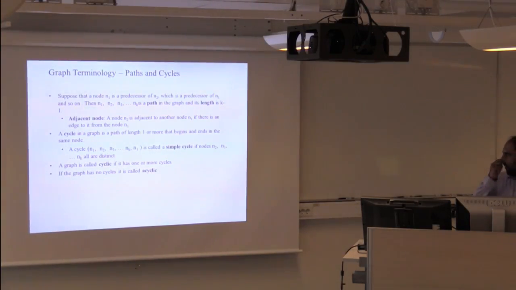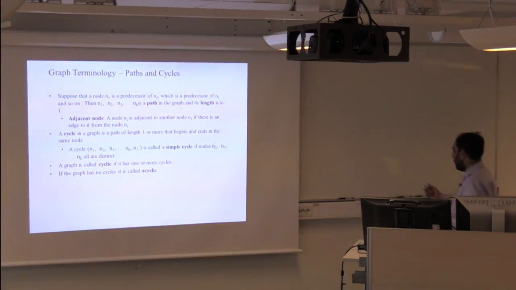And then sometimes we have cycles in a graph. A cycle means that there is a path of length at least one that begins and ends at the same node.